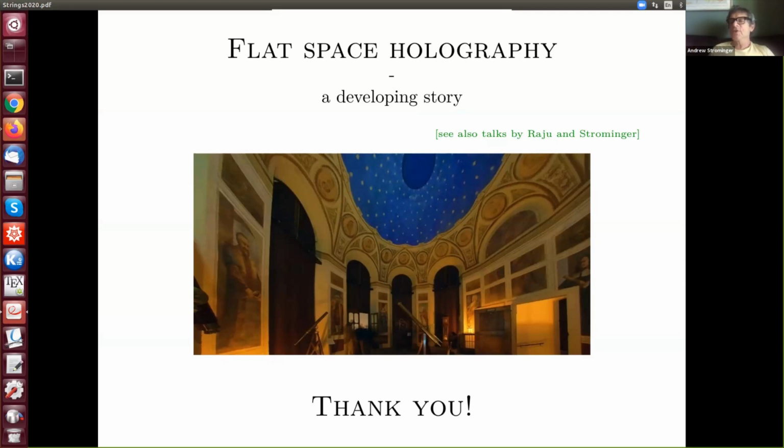So that might be a context in which you might hope to get something that looks like a celestial torus. That's an idea we've tried to make more precise and haven't succeeded, but there might be something there.